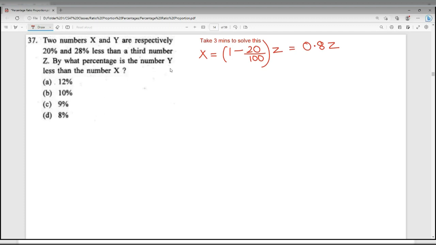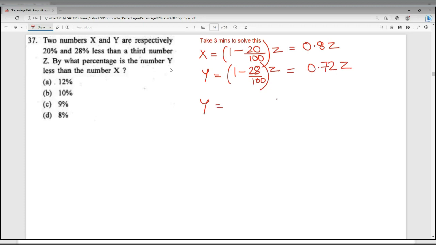And then they're saying y is 28% less than z. So y is 0.72 z.